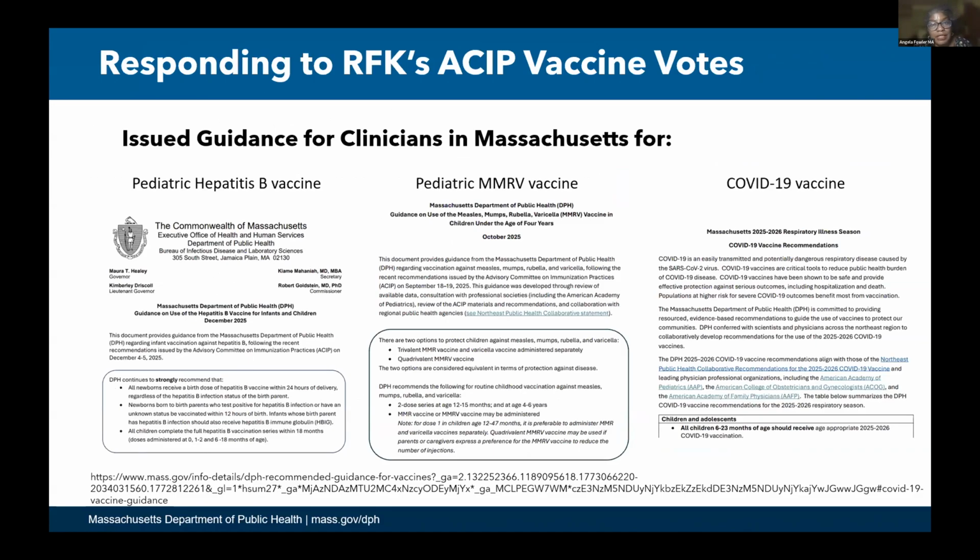The ACIP had also, over the course of the past year, issued a number of recommendations that were not aligned with science. In that case, we issued guidance for clinicians recommending what we think are the best evidence-supported guidelines to vaccinate their patients.